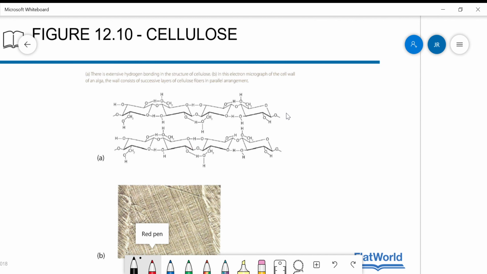You and I can't digest cellulose. One of the reasons we can't digest cellulose is the beta glycosidic linkage. So notice here the oxygen is up.